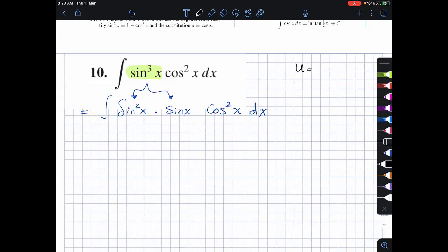Rafi, you split off sine, right? Take the other one as u, cosine.